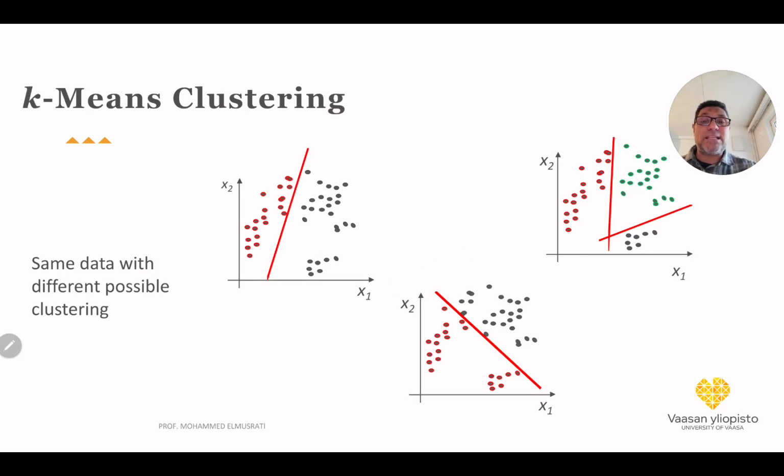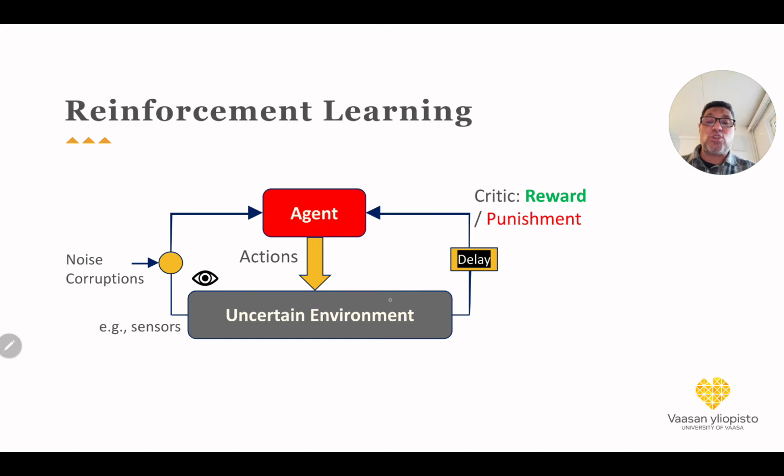Okay. So mathematically, this could be represented in this way. We have here the agent, the intelligent agent, and the intelligent agent has sensors looking at the environment. We have high uncertainty in the environment, and even the measurements here can be incomplete, noisy, or corrupted. And then the agent will take action. Of course, the action will affect the environment.